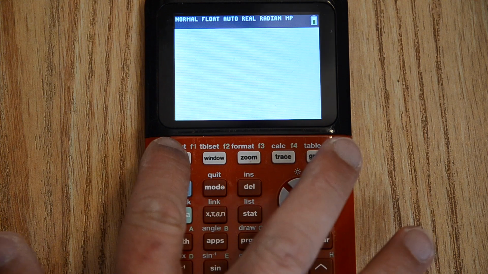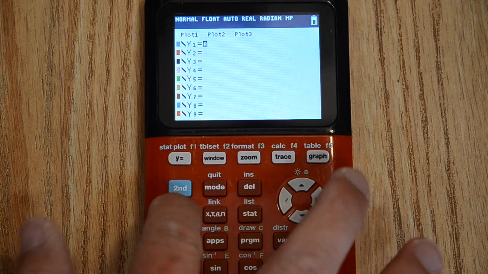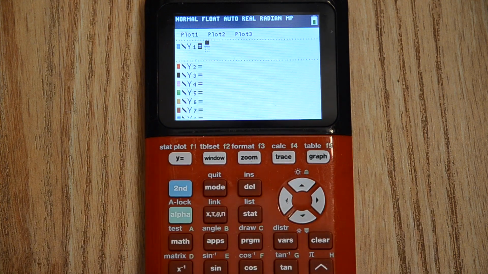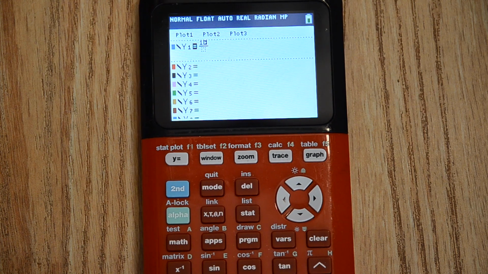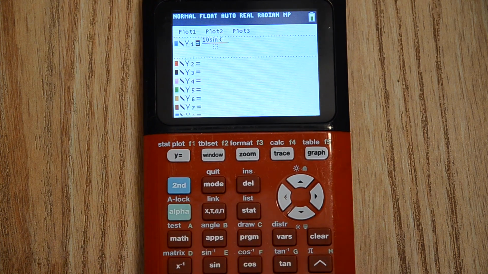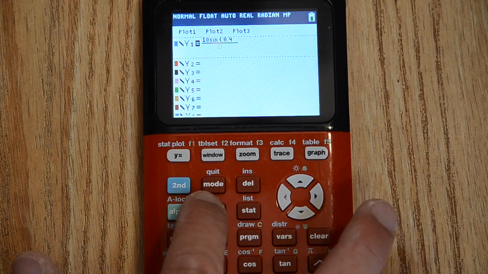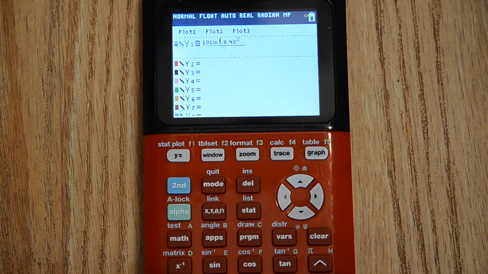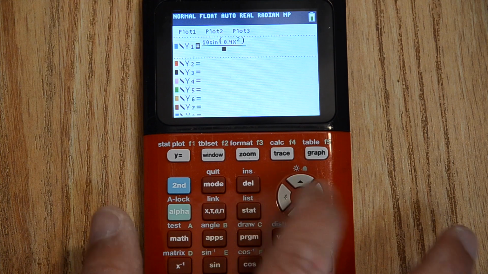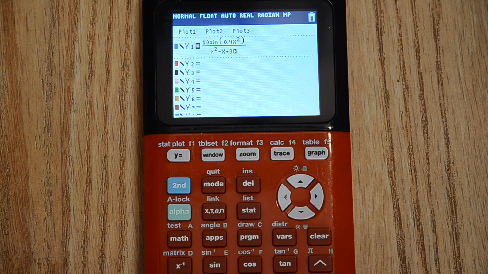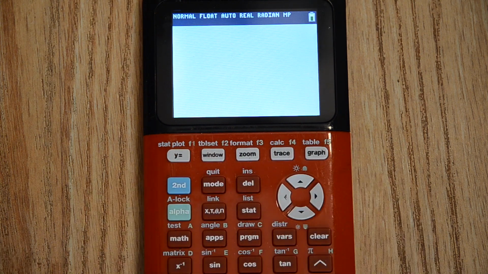So here we go. Y equals, alpha y equals, put in a fraction, and put in that tan of 0.4x squared, close it up, and we have our denominator of x squared minus x plus 3. Okay, we're going to second quit this.